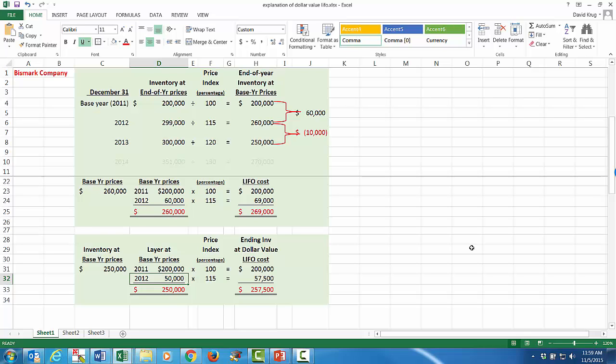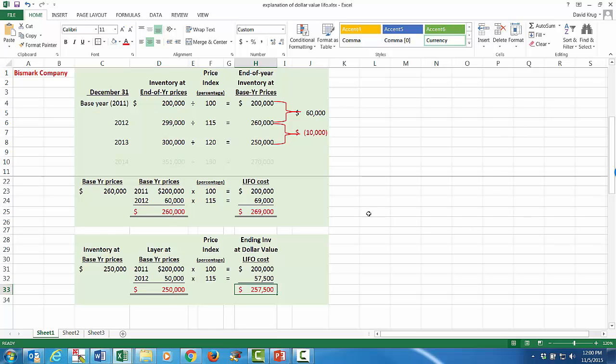Once again, a new layer forms only when the ending inventory at base year prices is greater than the beginning inventory at base year prices. So this is how we convert our inventory to what its amount would be for dollar value LIFO, and that is the amount of inventory right there that we'd report on our tax return and on our financial statements.